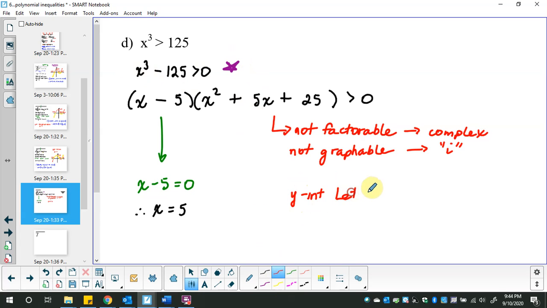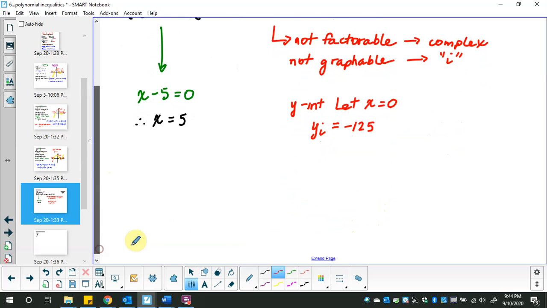So I'm going to let x equal 0, and if I let x equal 0, 0 cubed is 0, minus 125 is negative 125. So a super negative, huge y-intercept that doesn't matter one bit because I am a sketcher.